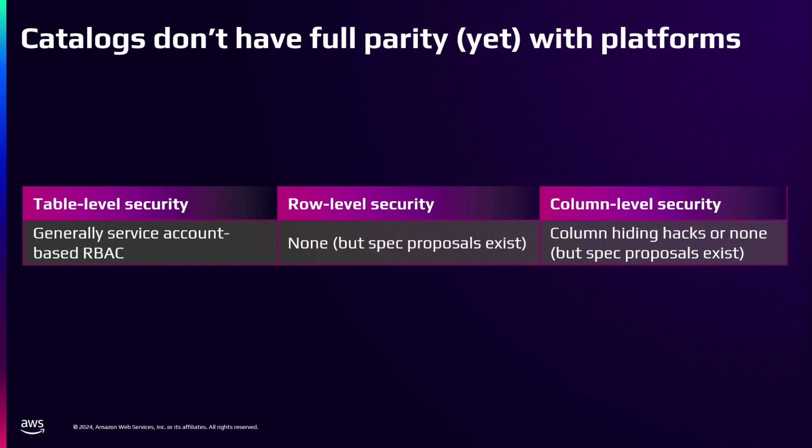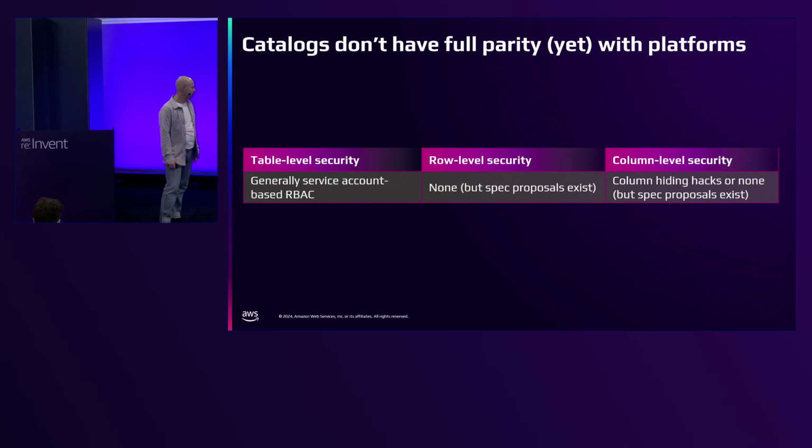So now if we're looking at our ways to do access control, remember we have table, row, and column level security. For table level security in the OTF catalogs, it is generally service account based RBAC. RBAC is role-based access control, so you're granting privileges to roles onto tables. But even beyond that, let's say you are using an Iceberg REST catalog implementation in Snowflake.